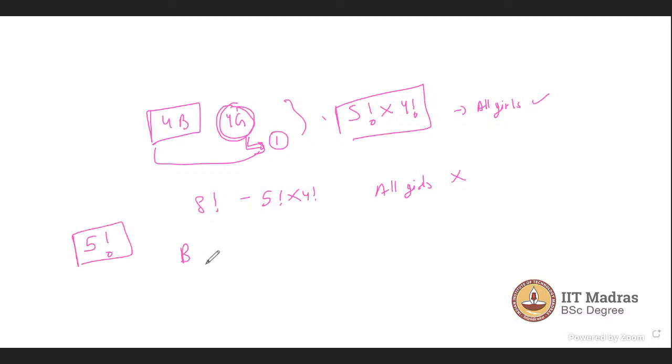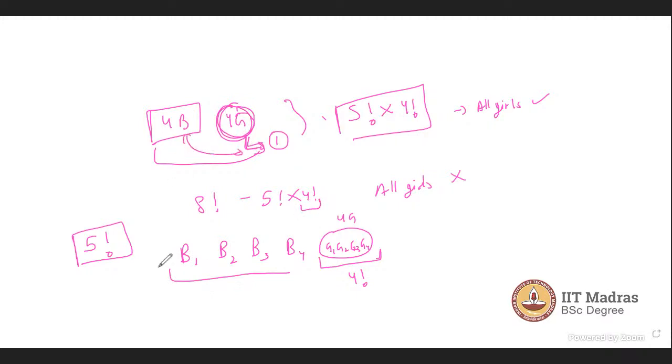Let's say I arrange B1, B2, B3, B4, and the girls G1, G2, G3, and G4. Within this 5th entity, these 4 girls can also interchange between themselves in 4 factorial ways, right? So that's what I multiplied. And 5 factorial because I'm considering all the girls as 1, so in total I have only 5 things to arrange.